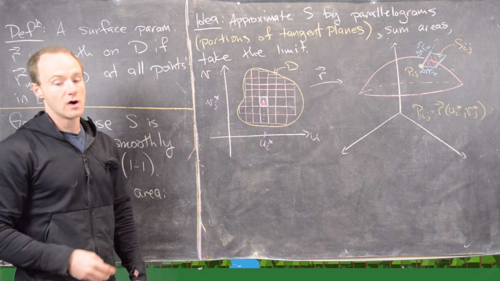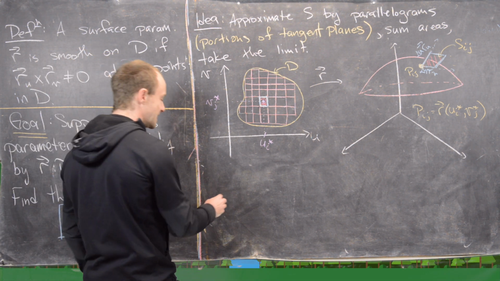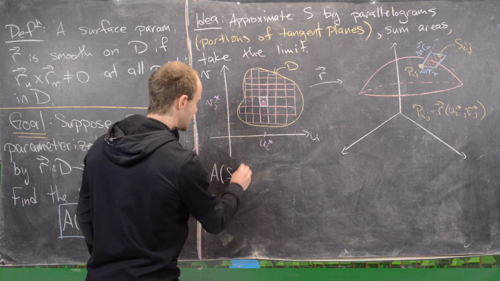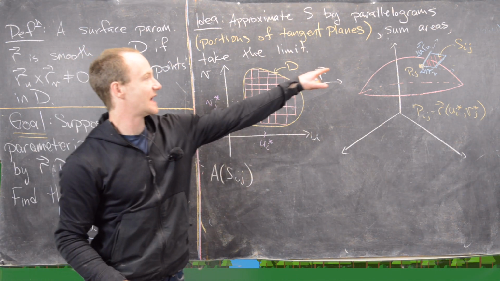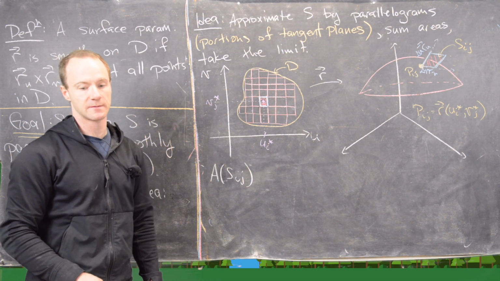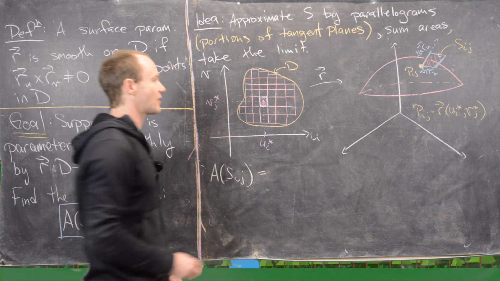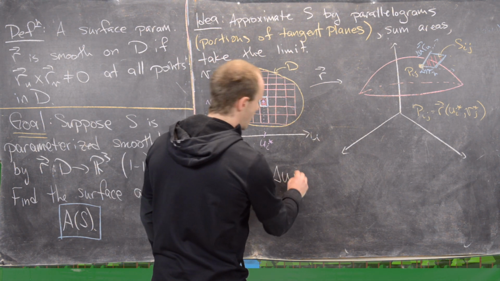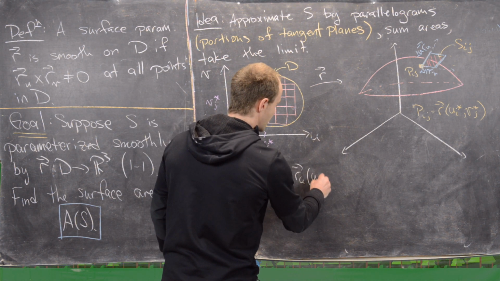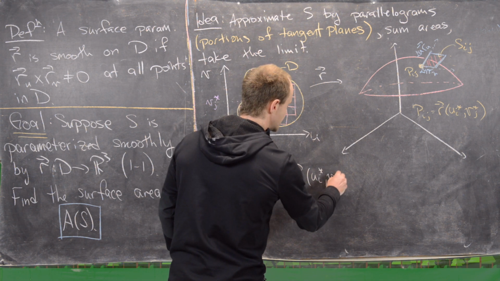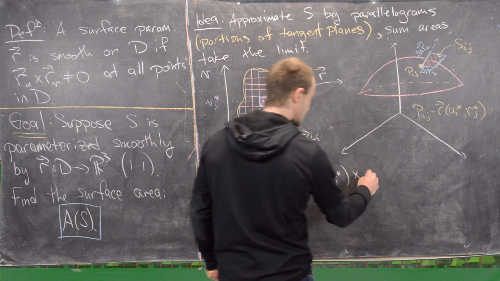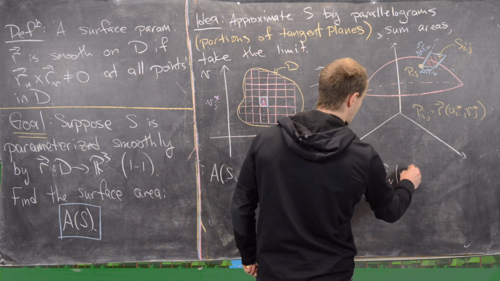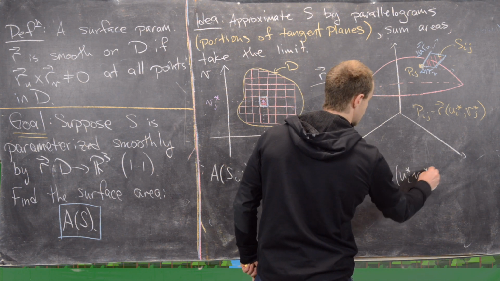Okay, so from all of this, what we can say is that the area of S_ij, so we'll say S_ij is that parallelogram right there, so the area of this parallelogram is given by delta U, r_u, evaluated at (u_i*, v_j*), crossed with delta V, r_v, evaluated at (u_i*, v_j*).